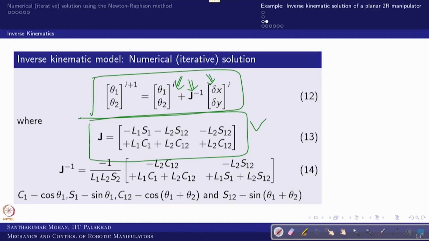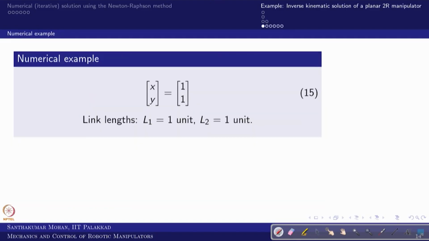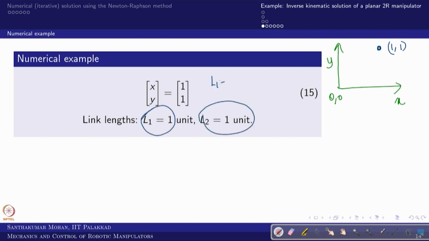Then you can see we are taking one numerical example, where x and y are 1 and 1. In the sense, you take this as your x axis and y axis, and this is 0 0. So 1 comma 1. In addition, L1 is 1 unit and L2 is also 1 unit. So in that sense, what is the best possible solution?